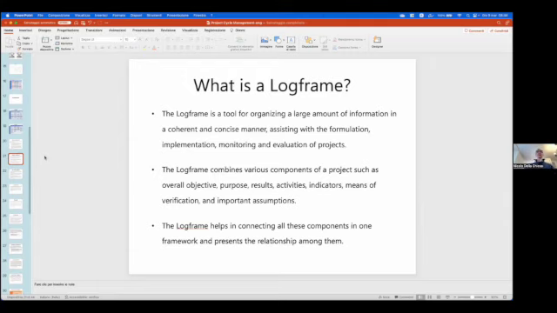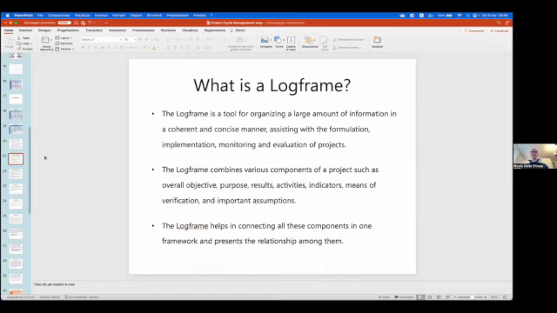So the log frame allows us to organize a large amount of information in a very concise manner. This is, I think, one of the key aspects of a logical framework, because it gives us in one single, very concise tool, the whole project.